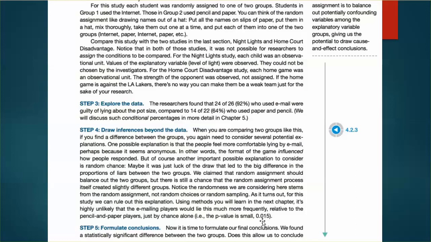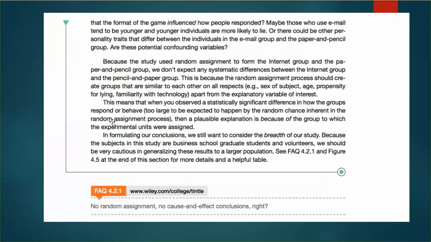We'll learn how to do it later, but you get 0.015, so that means the probability that this is happening by chance is very, very small. So it must be that the method of communication is influencing whether they lie. And then we can formulate conclusions. In this case, we believe that the format of the game actually affected how people played the game.